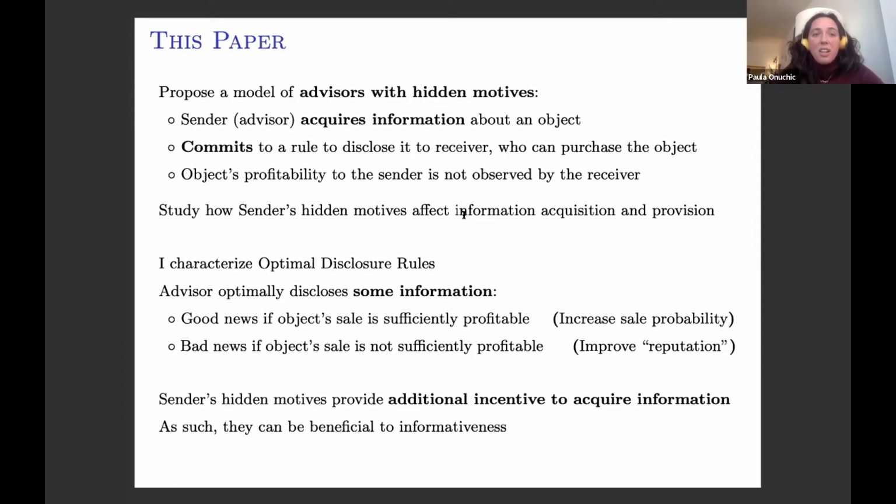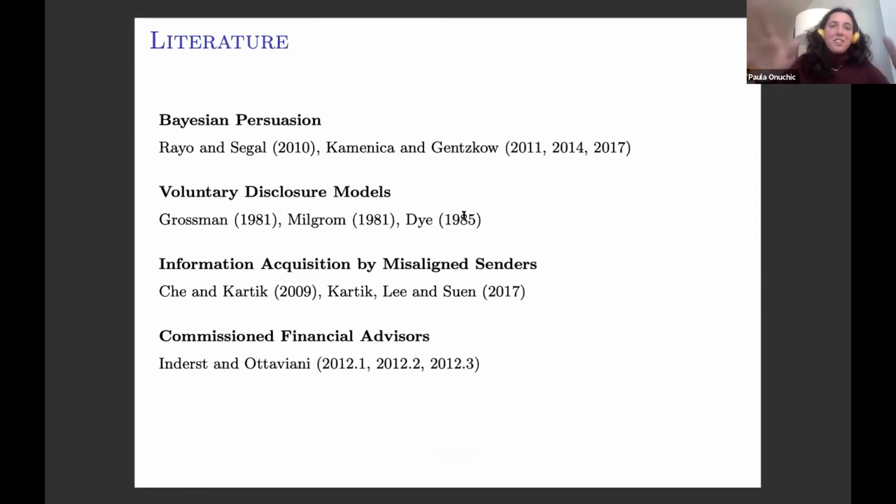So let me make a small remark on the literature here. There's a huge literature on information design these days, but I just wanted to remark that my model is related to these Bayesian persuasion models in the sense that the sender is going to pre-commit to the way that they disclose the information to the receiver, okay?